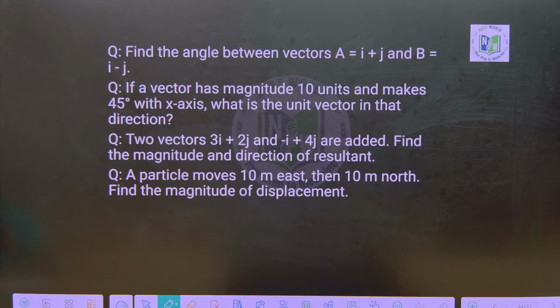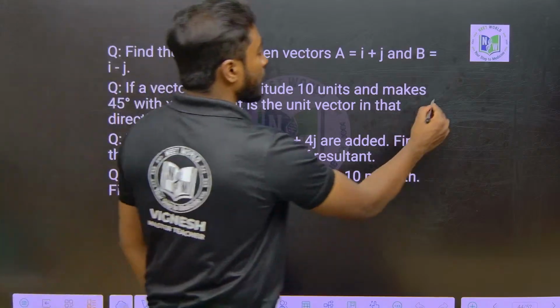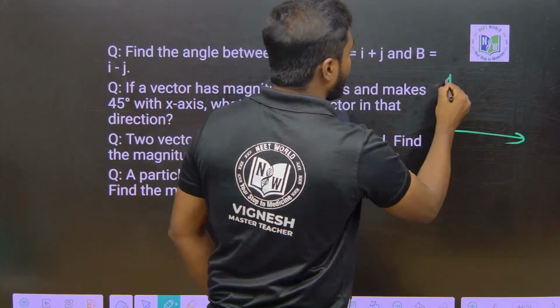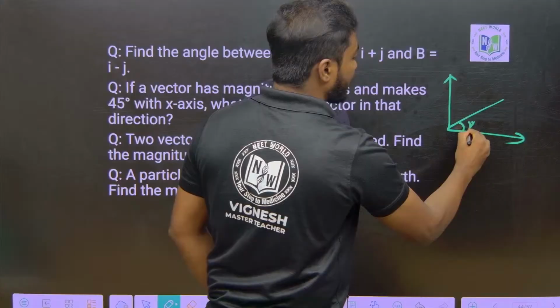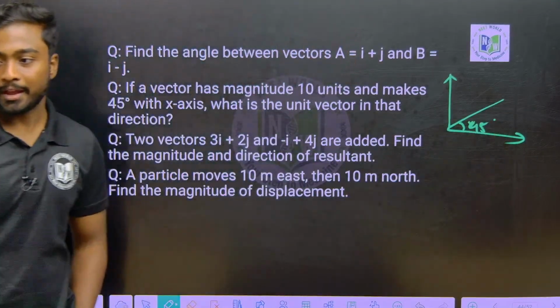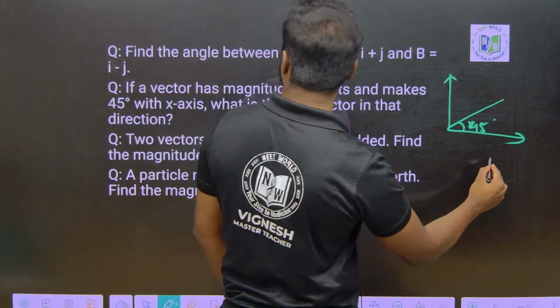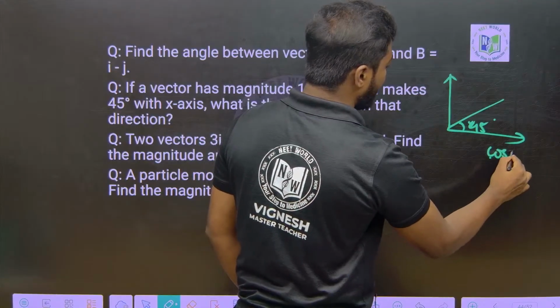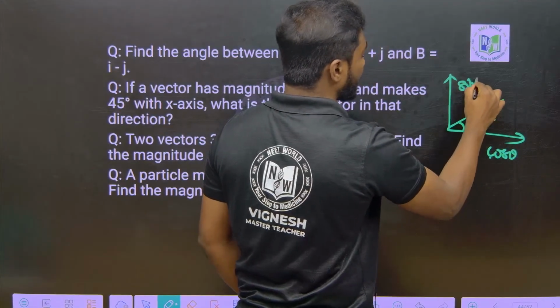What is the answer for the second question? That is, I think, 10 cos 45 i cap plus 10 sin 45 j cap. So same answer I will get, no. Making angle with x axis, so this one will be my cos theta and this is my sin theta.